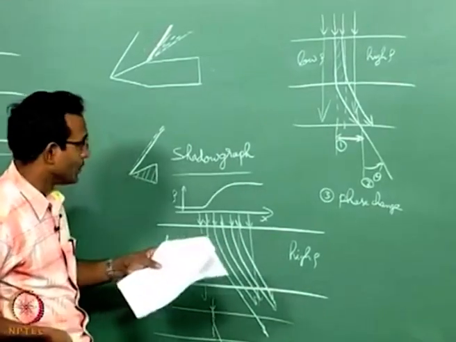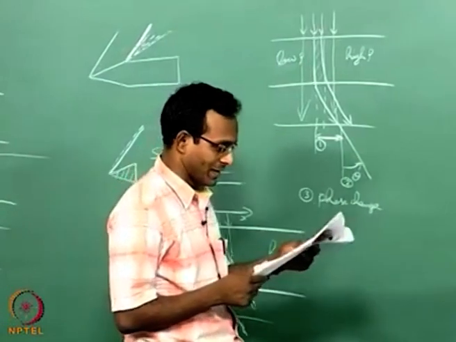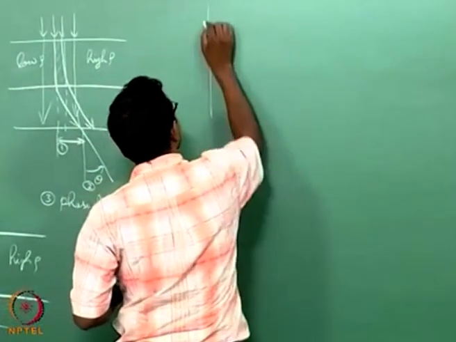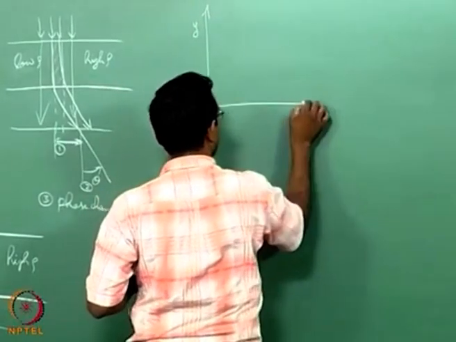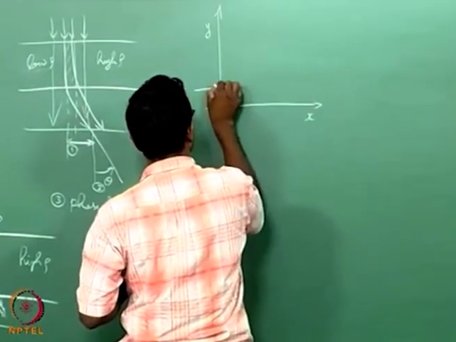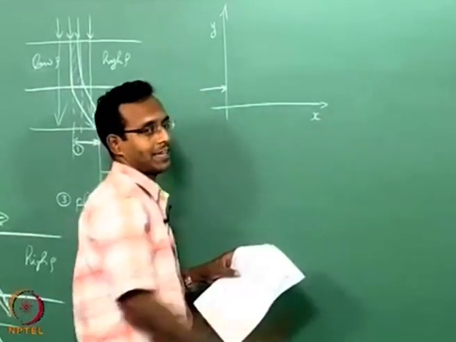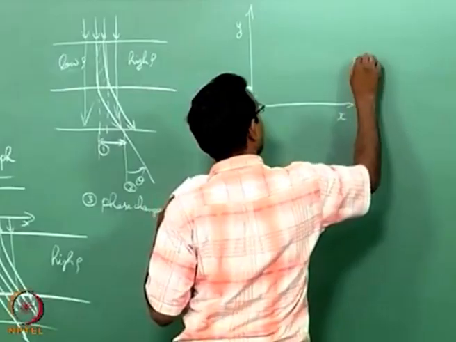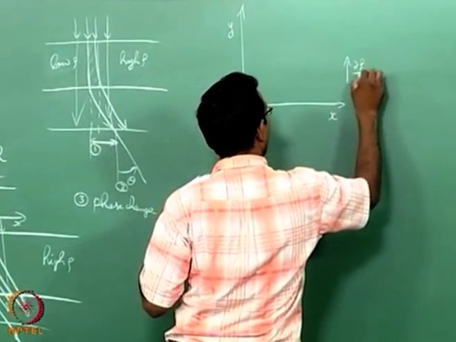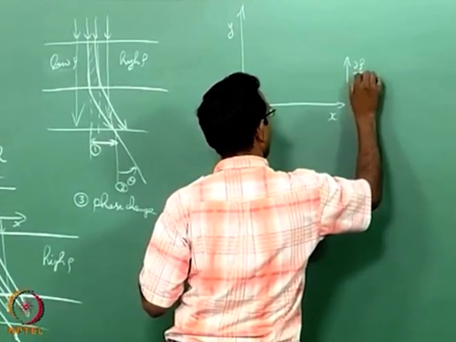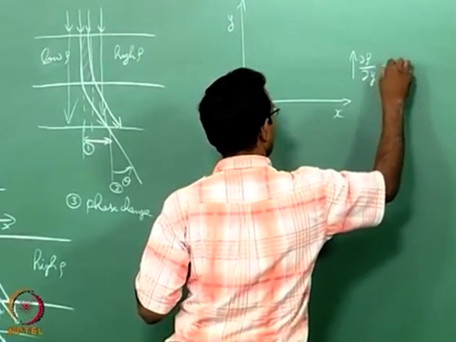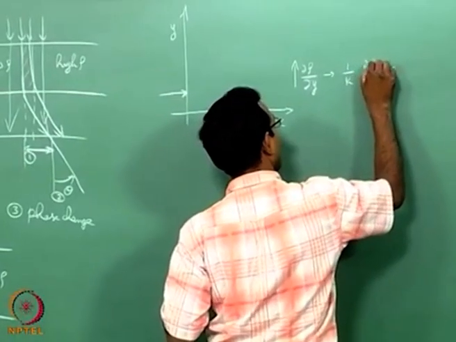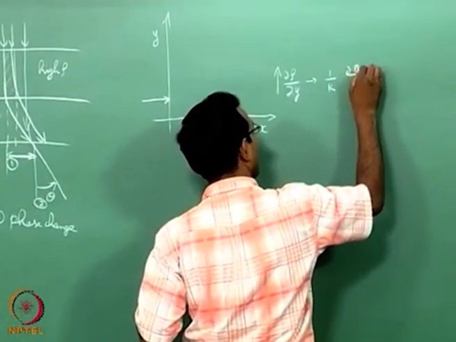How will I use this from a mathematical point of view? I will start with this as my y direction, this as my x direction, and I am sending light along my x axis, and I am going to say there is a gradient this way, dou rho by dou y, which is related to 1 by k dou n by dou y.